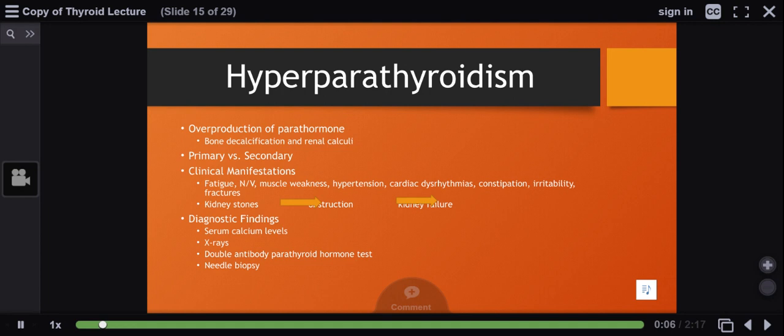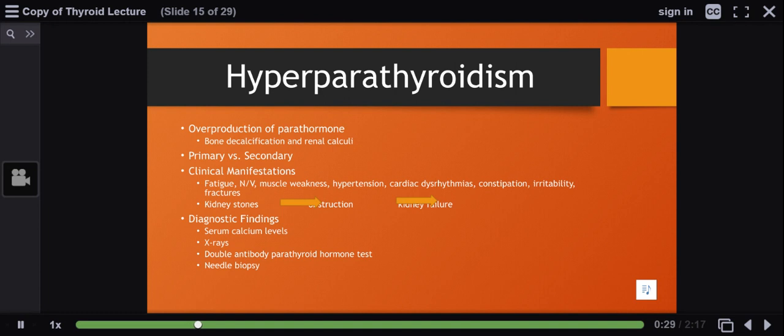Hyperparathyroidism results in an overproduction of the parathormone. The main causes of hyperparathyroidism can be classified as either primary or secondary. In primary hyperparathyroidism, issues originate in the parathyroid gland itself, leading to an oversecretion of the gland.